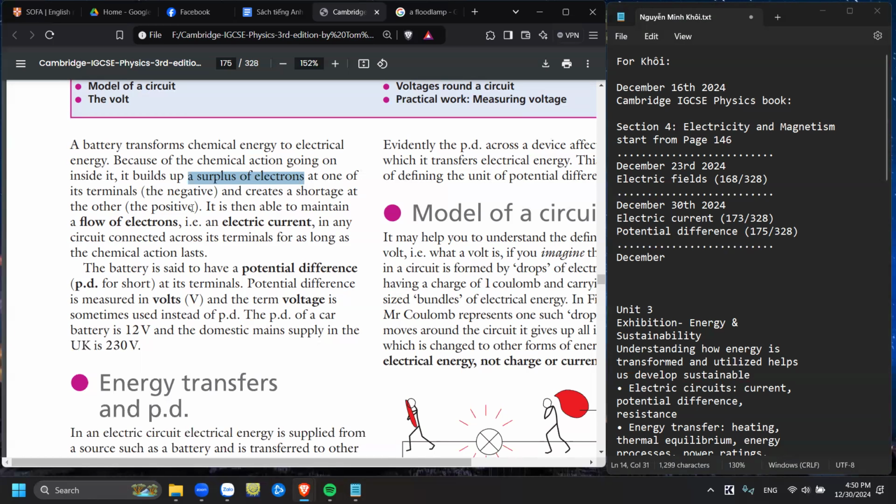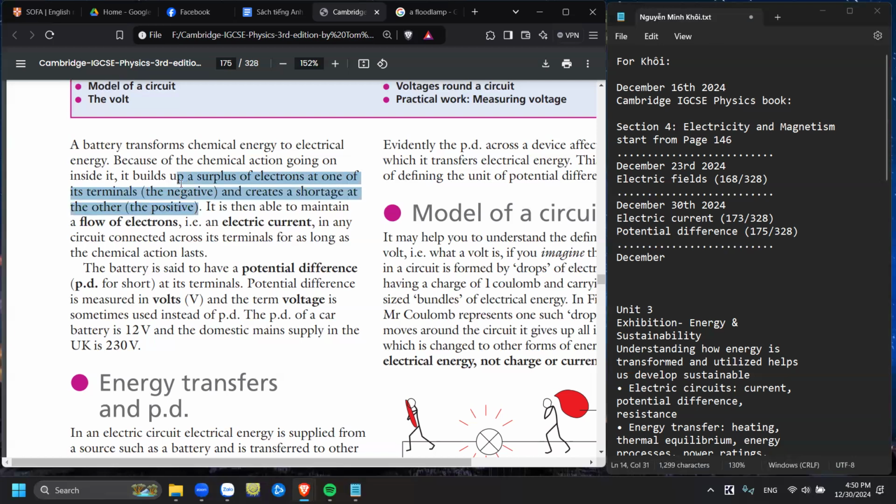Of course, electron flow has to go from the negative one to the positive one, right? But people back then didn't know, so they still use the old convention. They say that the flow of electricity goes from the positive to the negative one. You need to know those facts, okay?